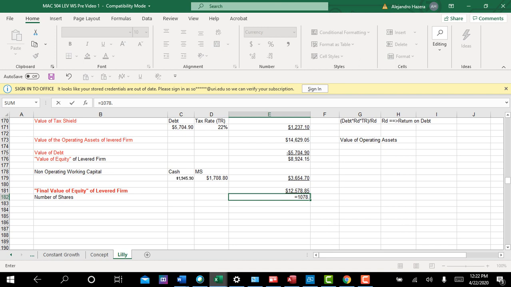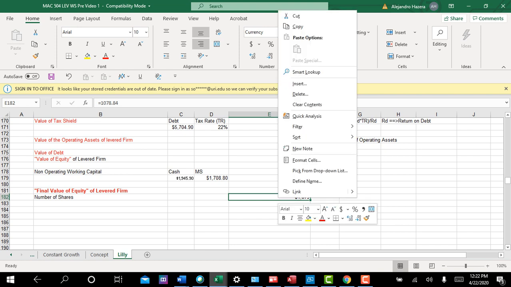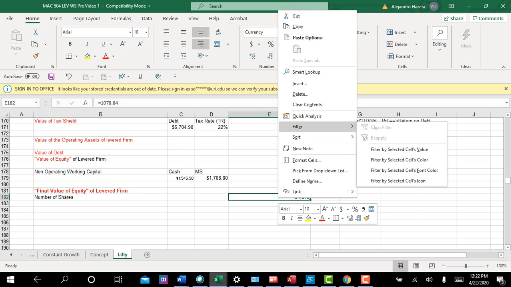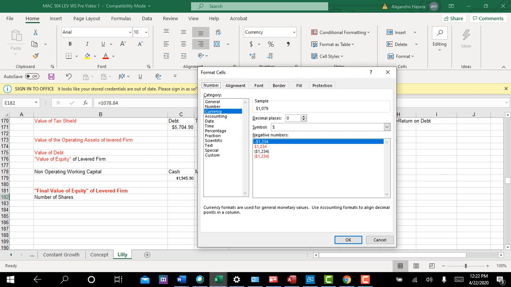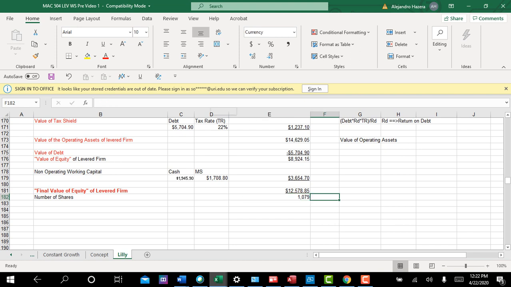These are thousands, millions, whatever. You can just copy this. That number of shares right there is not dollars, it is number of shares, so we will reformat that to be a number. Those are thousands, millions of shares, whatever. So I'll label these shares.